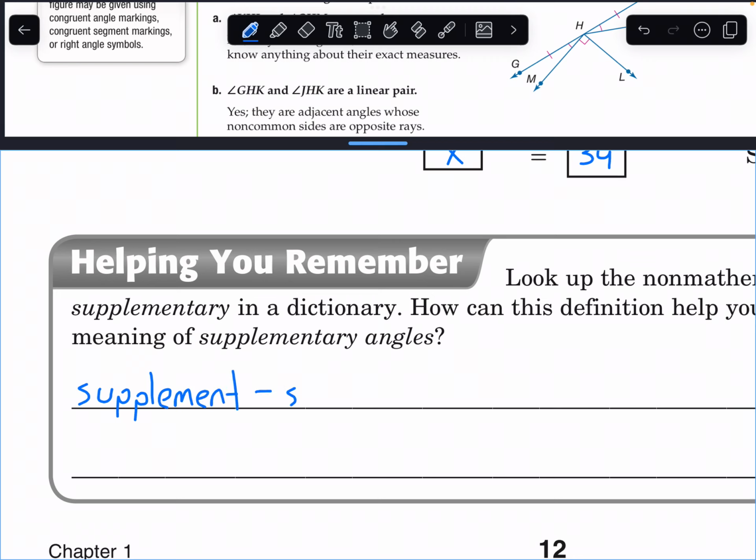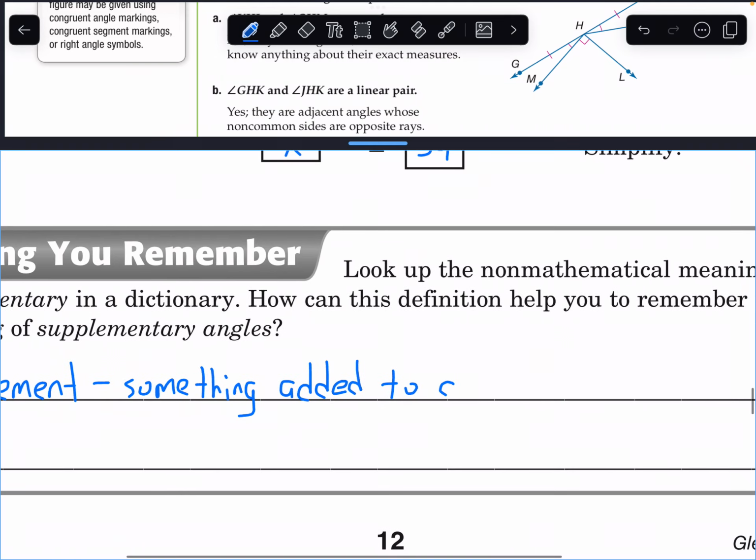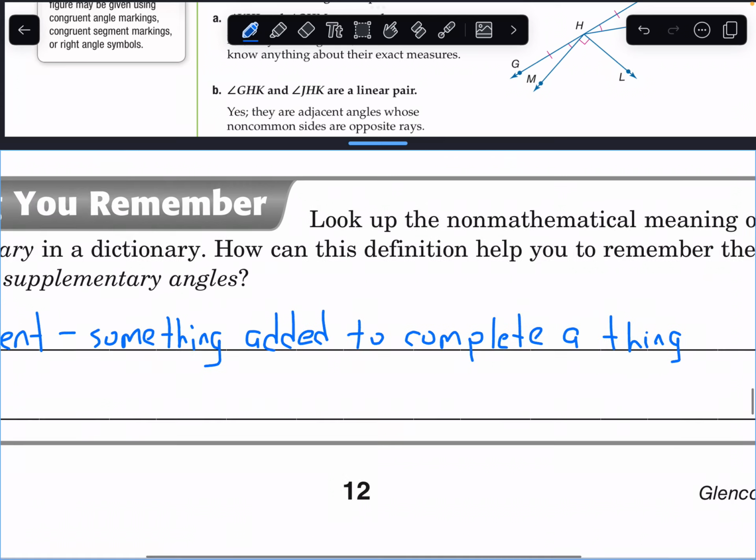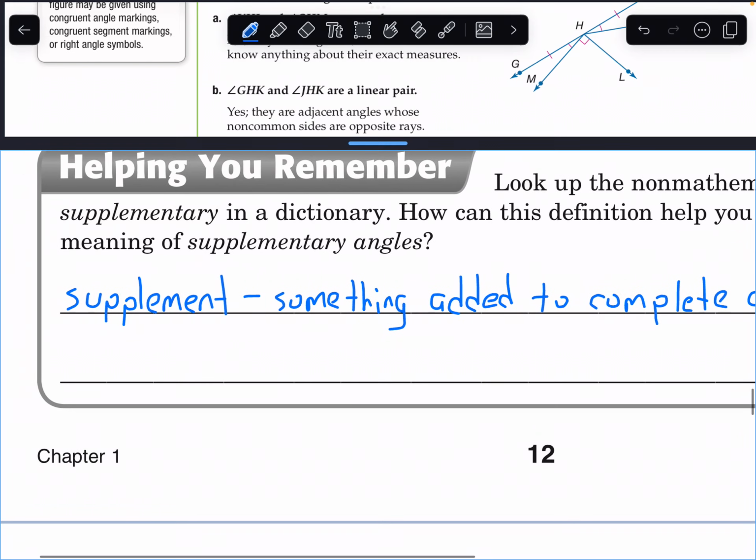Supplement. Something added to complete a thing. What are we trying to complete? Let's call it the straight angle.